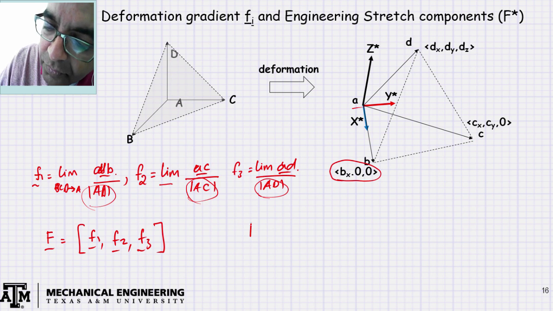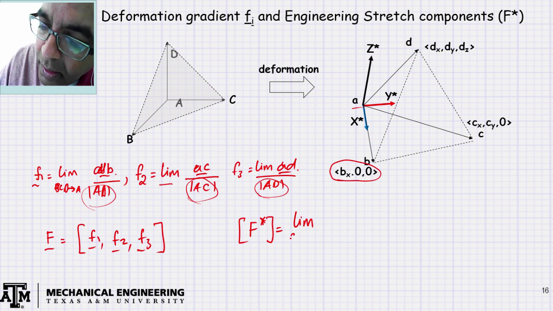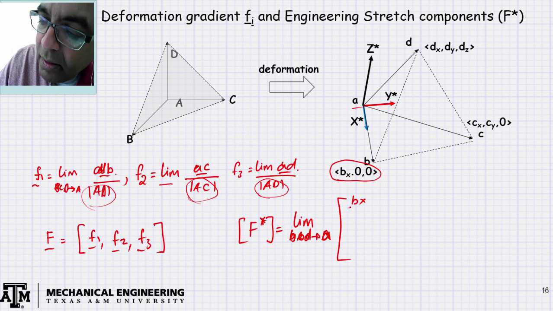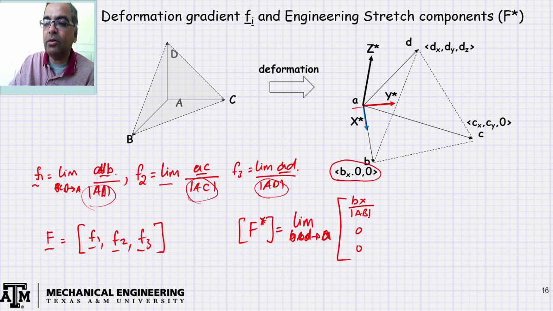So F star, the matrix, equals the limit as little a, little b, little c tend to capital B, C, D tending to A. So that's the limiting process of Bx divided by magnitude of AB, 0, 0, because the other two things are 0.